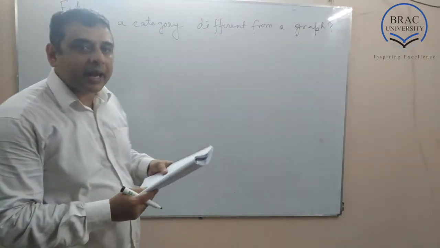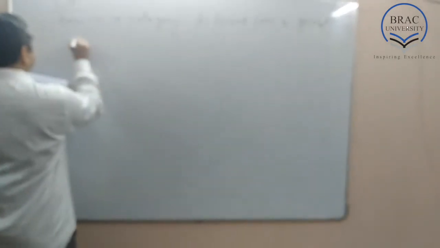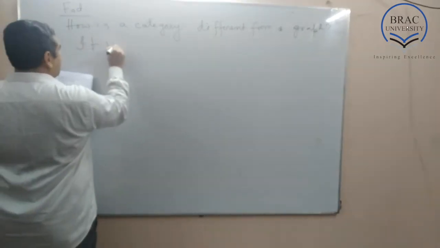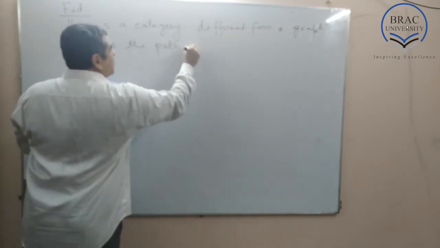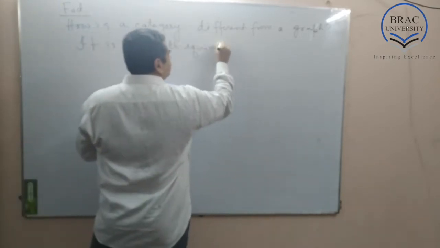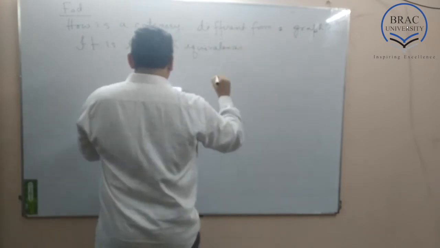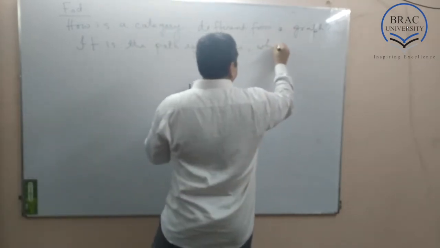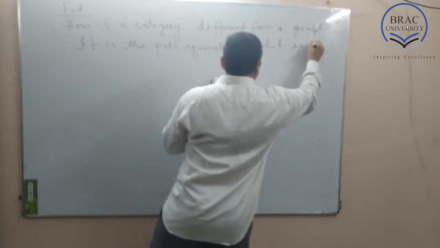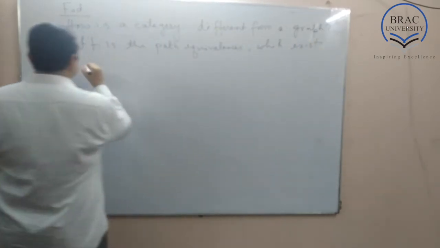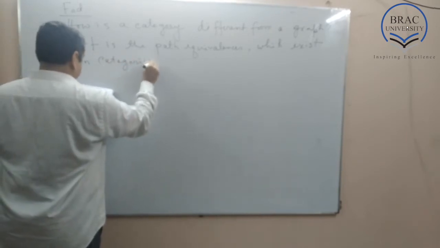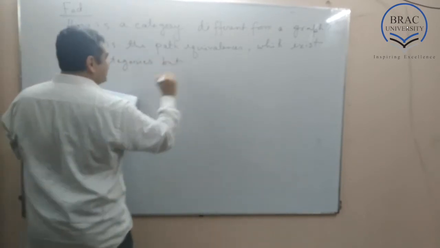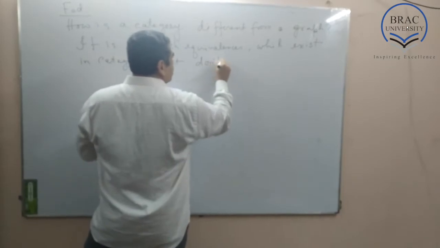But what about the category? It is the path equivalences which exist in categories, but don't exist in graphs.